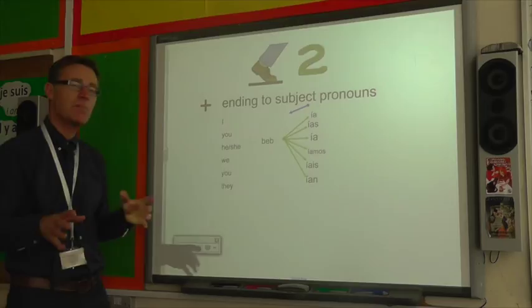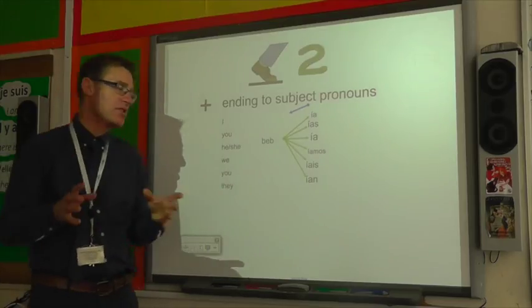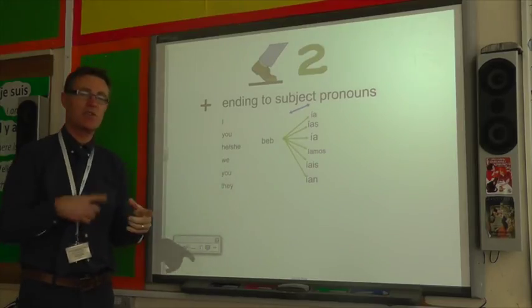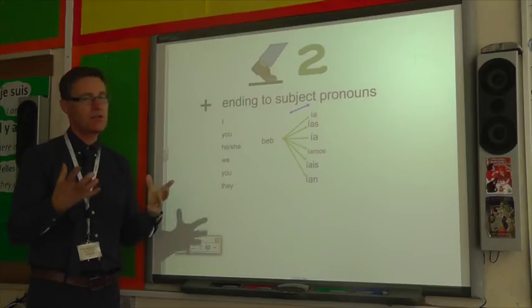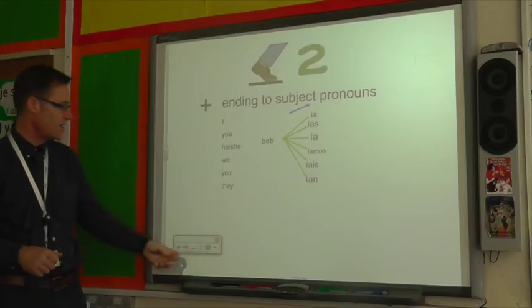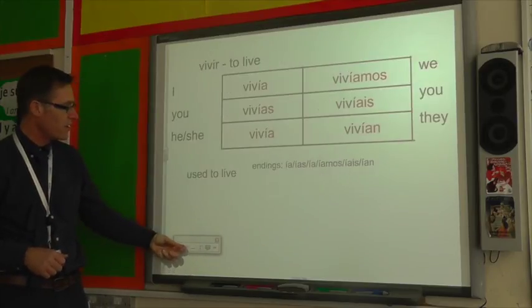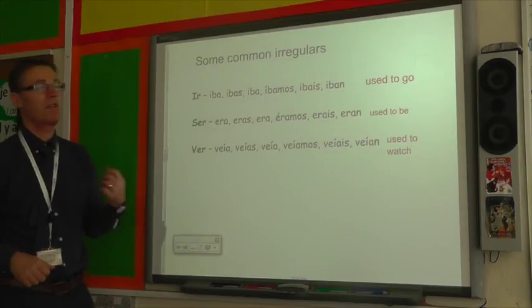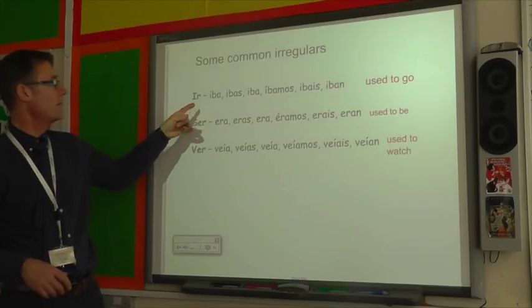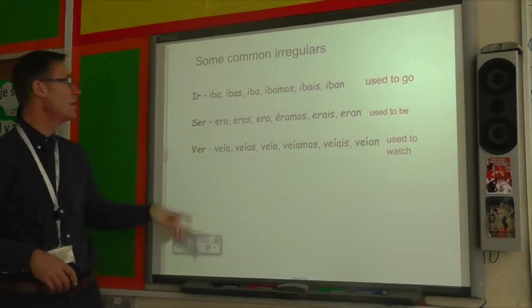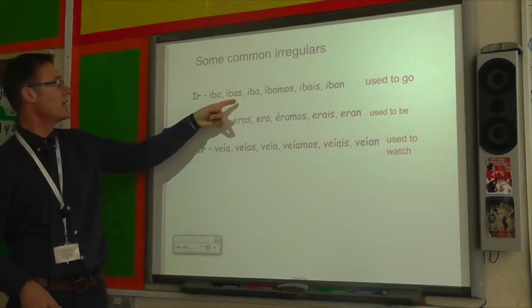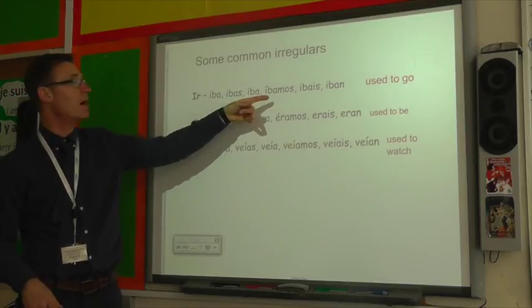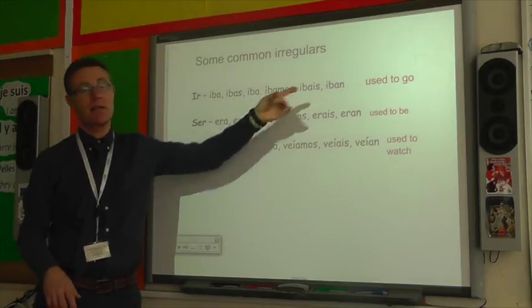Okay, as with many verbs in Spanish, there are some exceptions. There are some things which are irregular, just like there are in English. So we're just going to move on to some common verbs that we'll use in Spanish which are irregular. The verb ir, to go, so used to go: iba, ibas, iba, íbamos, ibais, iban.